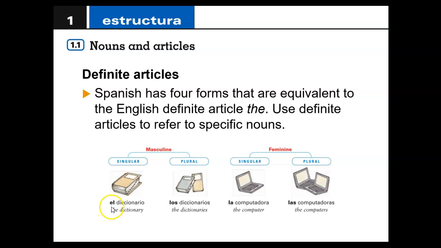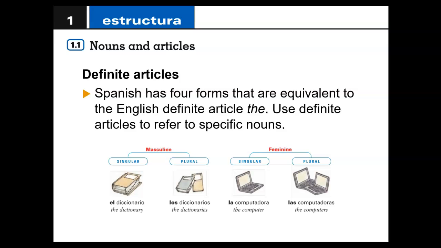If I'm talking about one dictionary, a specific dictionary, then I'm going to say el diccionario, the dictionary. If I'm talking about more than one dictionary and I'm being specific, then I'm going to say los diccionarios. These are all masculine, one's singular, one's plural.